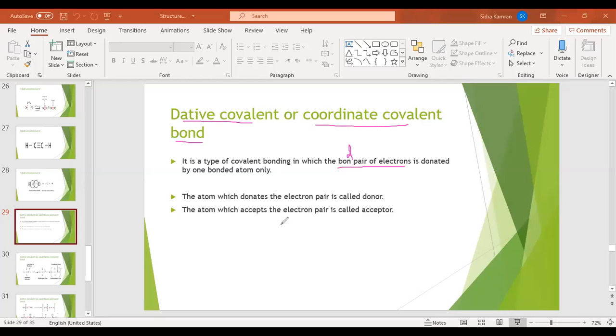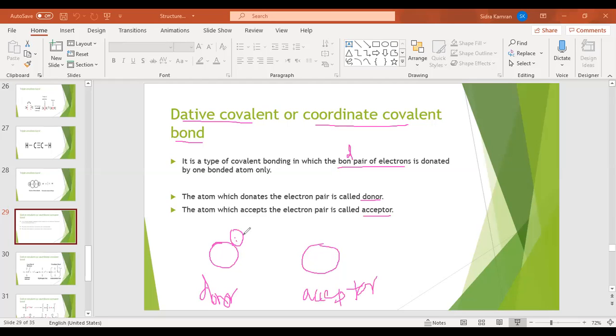The atom which donates the electron pair is called the donor, and the atom which accepts the electron pair is called the acceptor. For example, if there are two atoms, and one atom is donating the pair of electrons, not a single electron, then this atom is called the donor, and the atom which accepts this pair of electrons is called the acceptor.